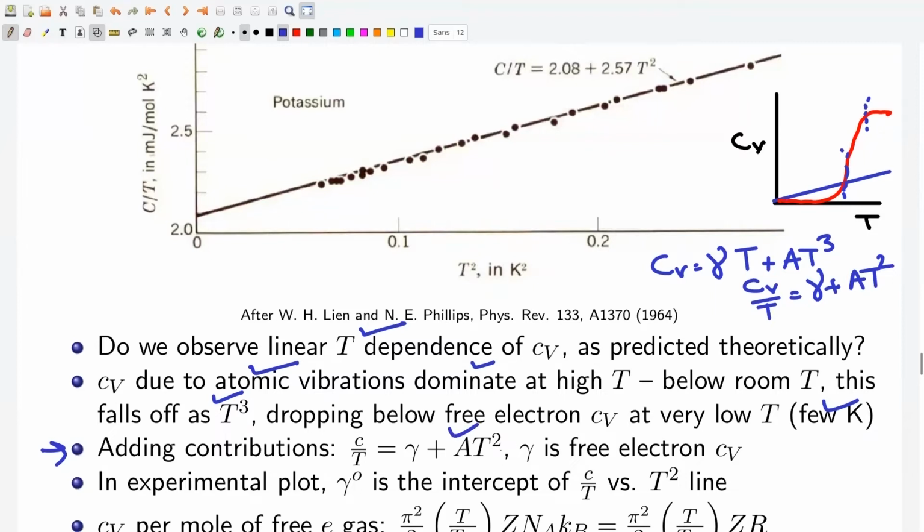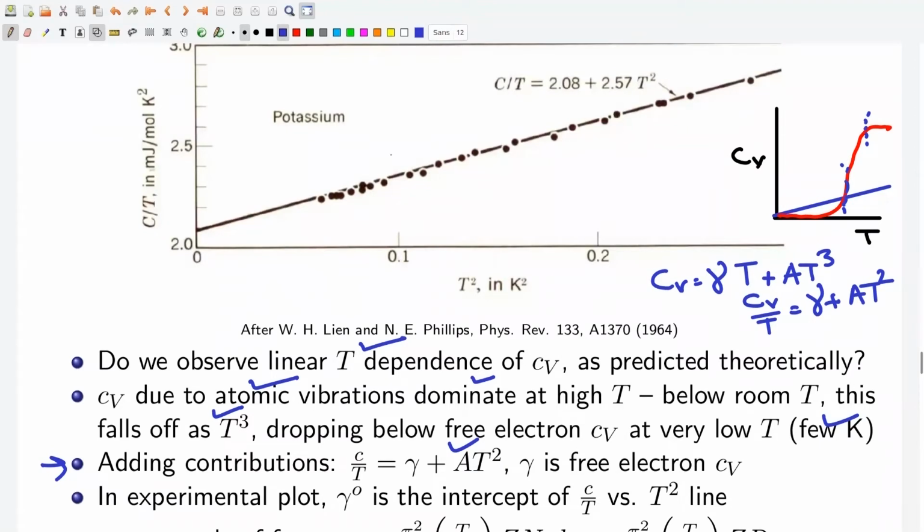And then let us look at some experimental plot. This plot is shown for potassium. If you plot C by T as a function of T square, then this is what you get. So this is the equation, and you see that it will intersect this axis at some point.